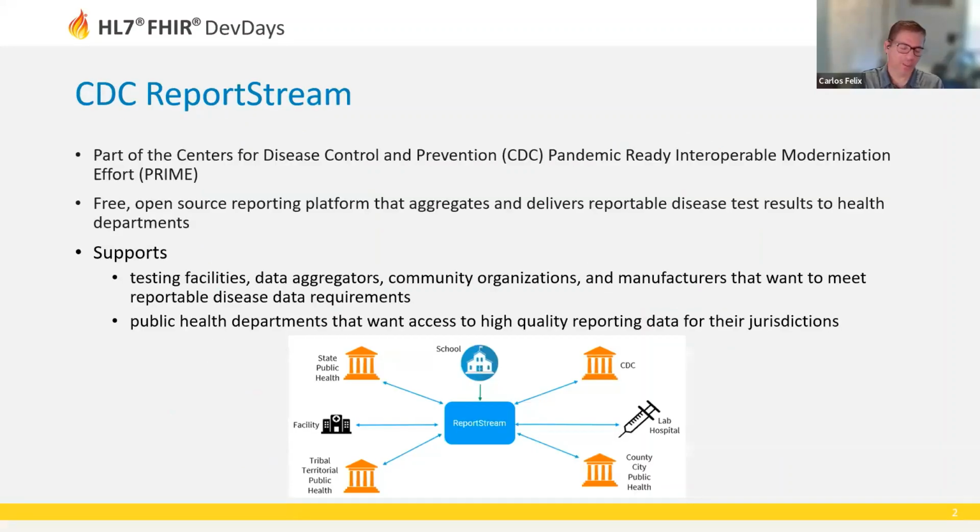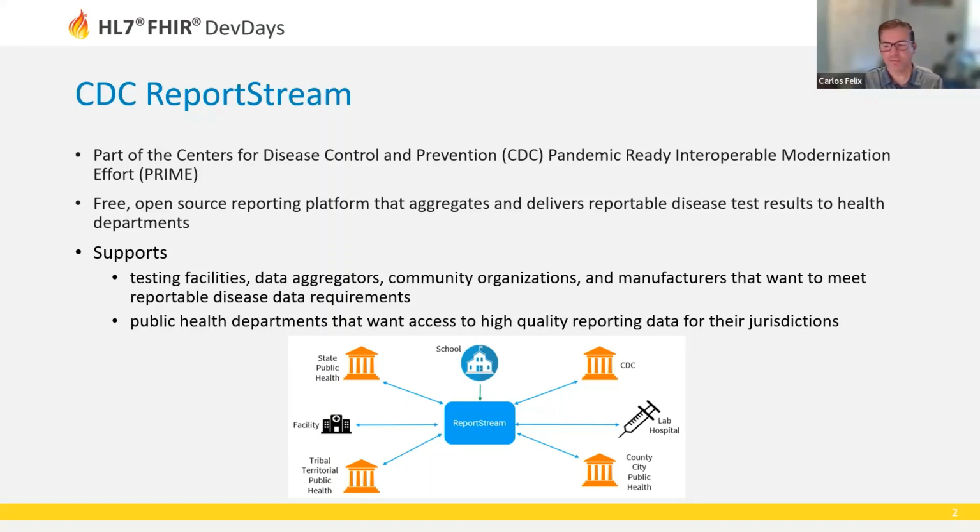So before we get to the library, I want to give you a little bit of history on how we got there, because there are reasons that we actually chose to create this library for use in our system. This effort is part of the CDC ReportStream program, which is part of the CDC Prime effort for pandemic readiness.